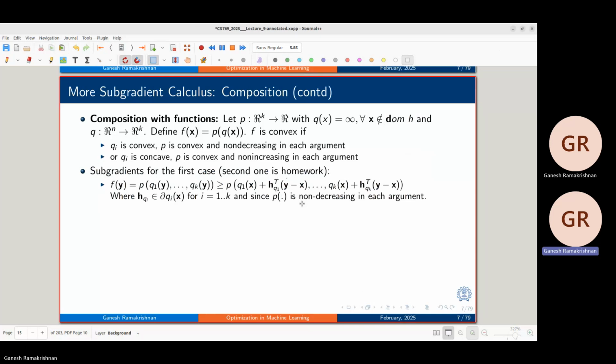I assume that the Q's are convex, so each Qi is convex, and Qi convex implies HQi exists. What have I not used so far? I have not used the fact that P also has an HP. How do I plug in HP?